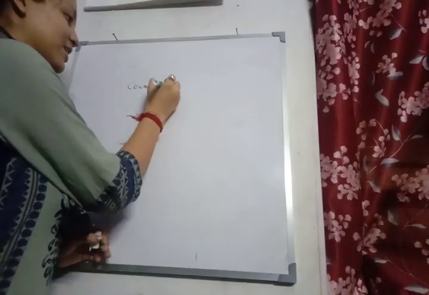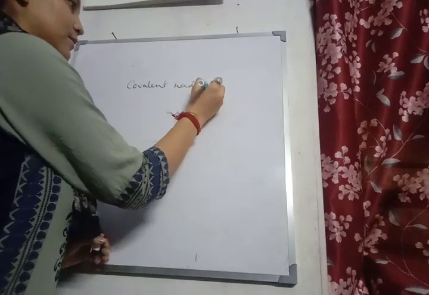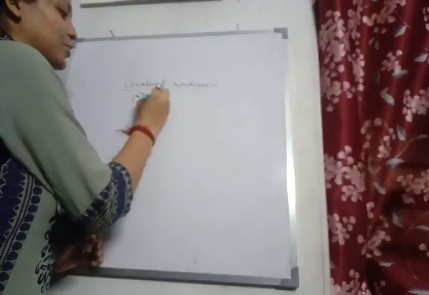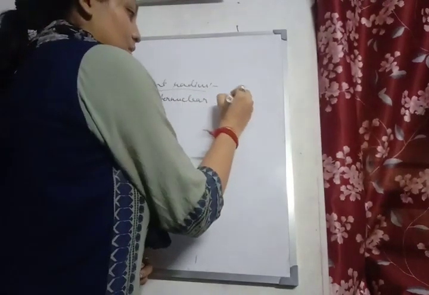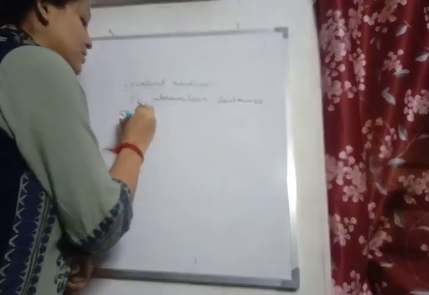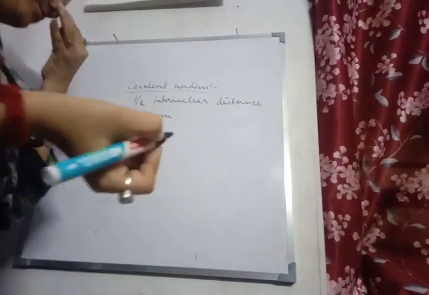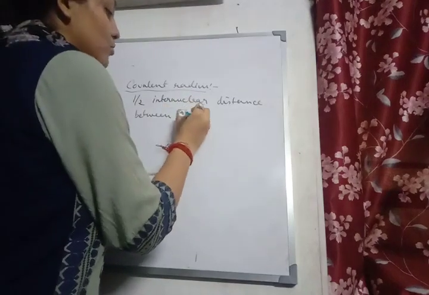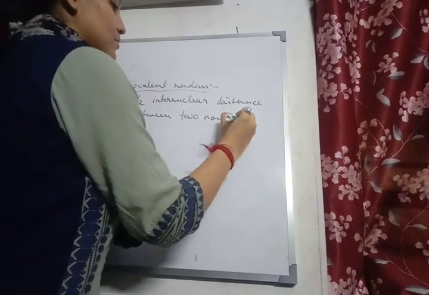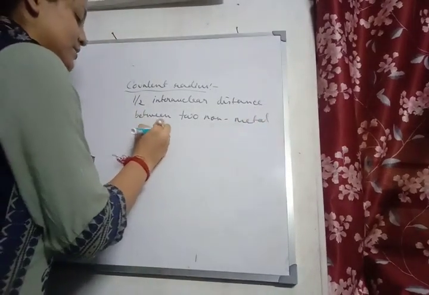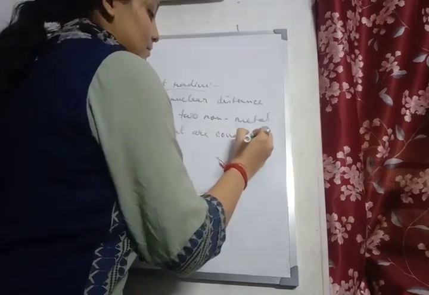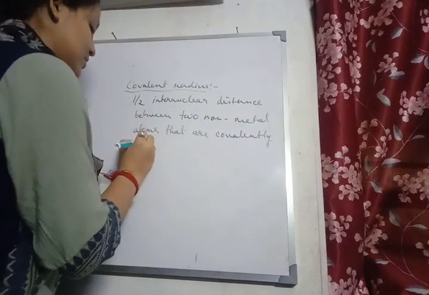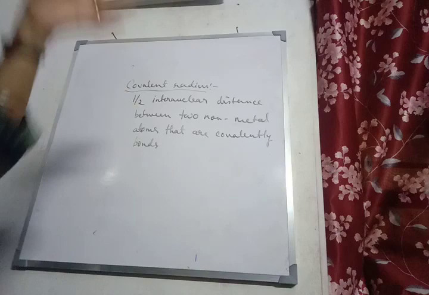Covalent radius is half the internuclear distance between two non-metal atoms that are covalently bonded. That is, they are joined by a covalent bond. Non-metal atoms linked by covalent bond. This is what your covalent radius is.